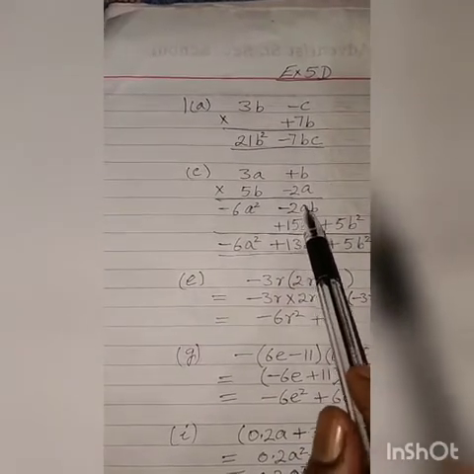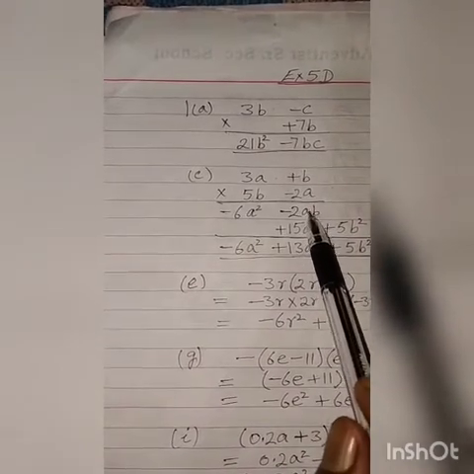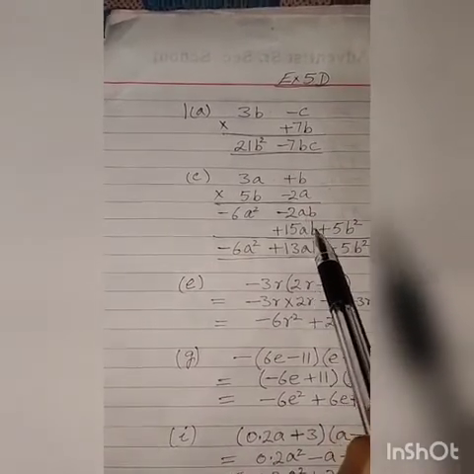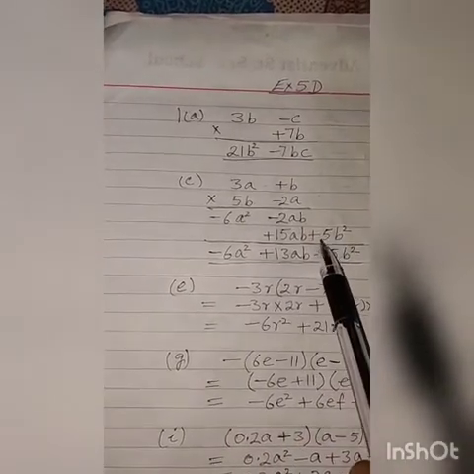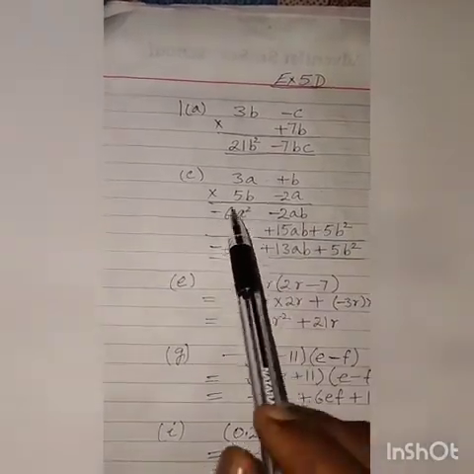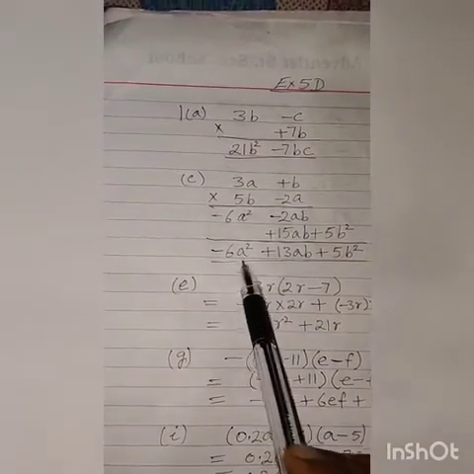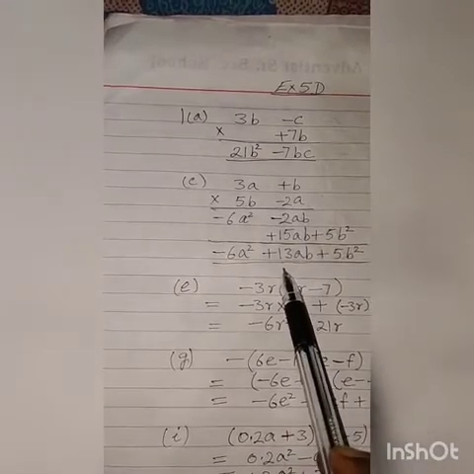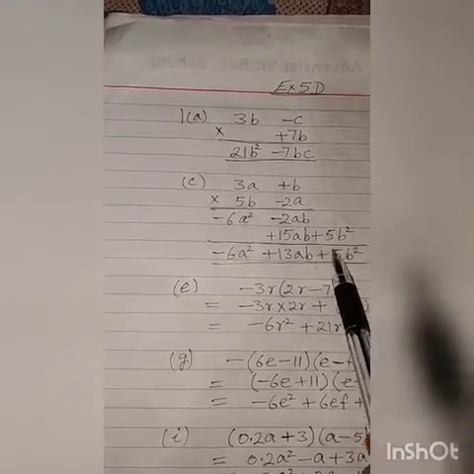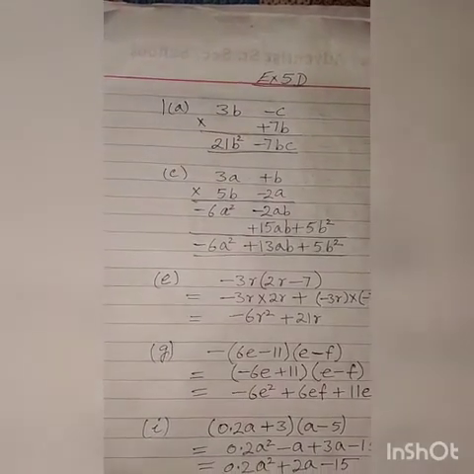Now these are like terms, that's why I have written ab below ab. If there are like terms, we can add them. So minus 6a square comes here, and here 15 minus 2 is 13. So 13ab and plus b square. This is your answer.